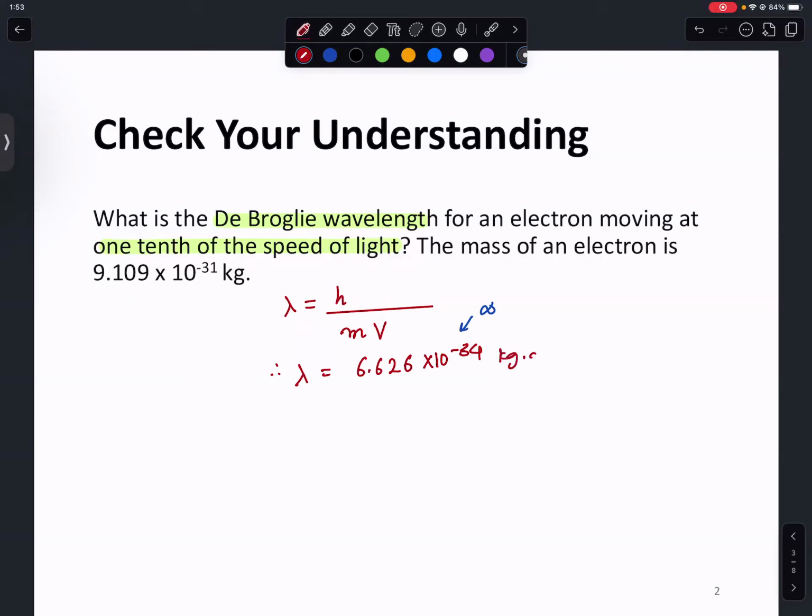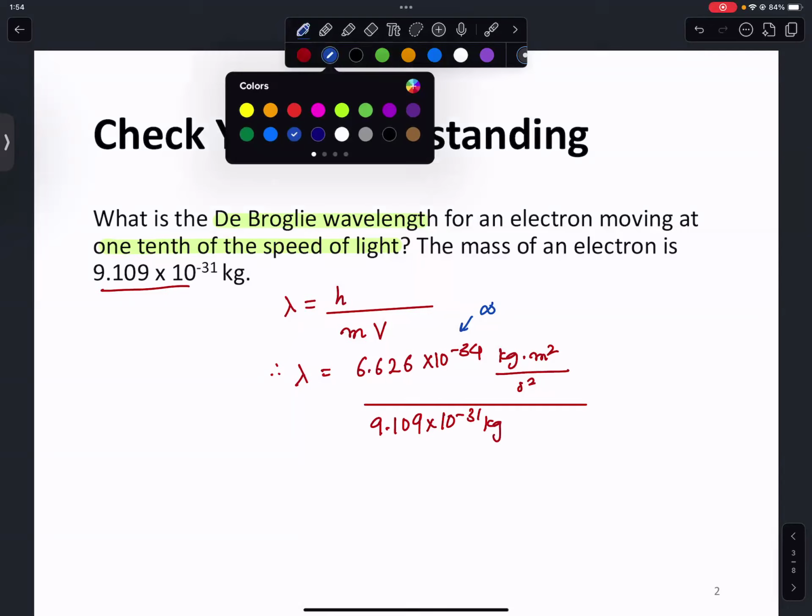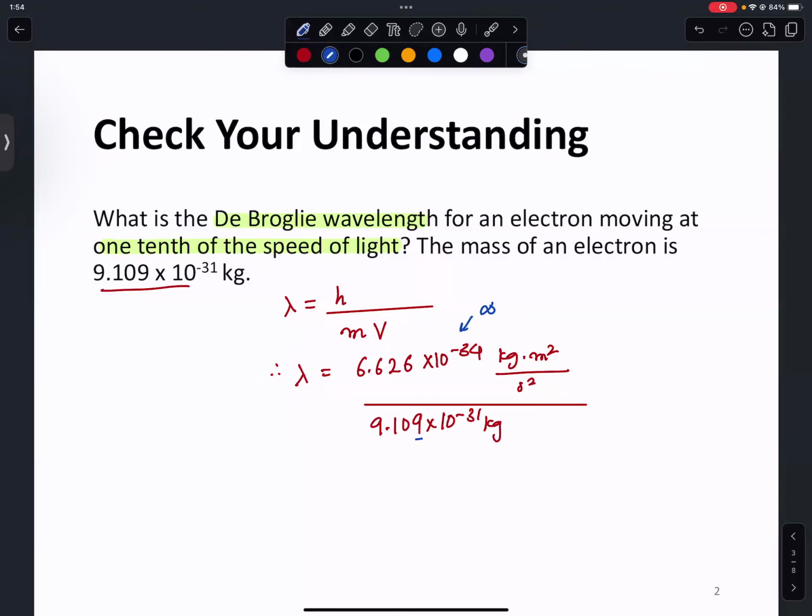And the units are kilogram meter squared over second squared, divided by the mass. So this is the mass of the electron, which is 9.109 times 10 to the negative 31st kilograms, and this here has 4 sig figs.